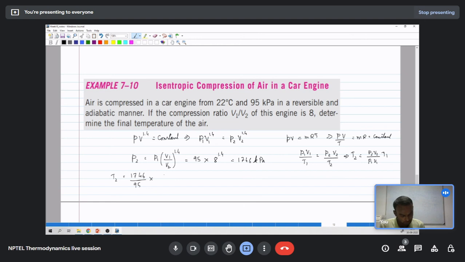We know V1 by V2 is 8, so this is 1 by 8 into the initial temperature T1, which is 22 degrees Celsius, which means it is 295 Kelvin. So here we have 295. So here we have 677.72 Kelvin. So this is the final temperature after compression.